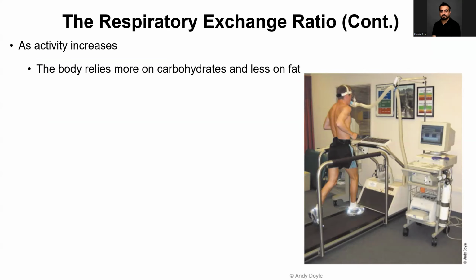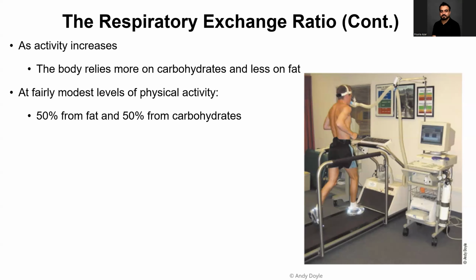As activity increases, the body relies more on carbohydrates and less on fat. At fairly modest levels of physical activity, 50% of energy is coming from fat and 50% of energy is coming from carbohydrates.